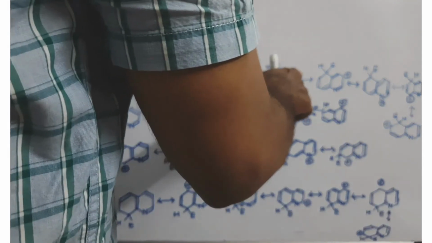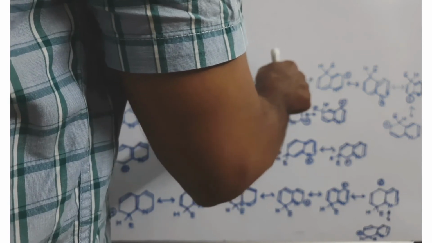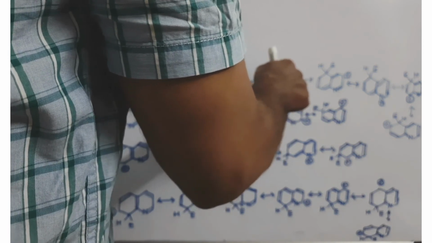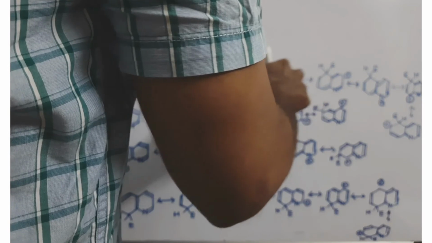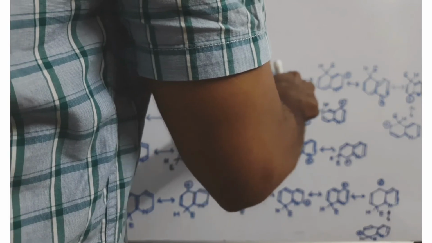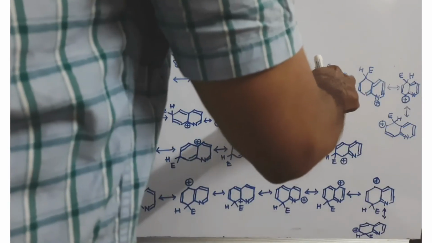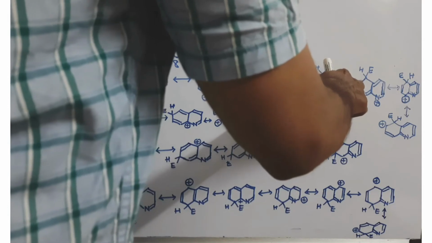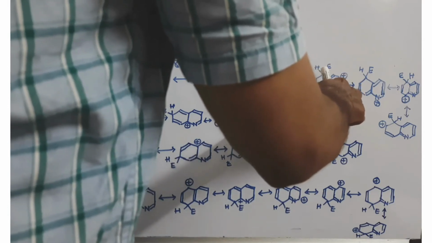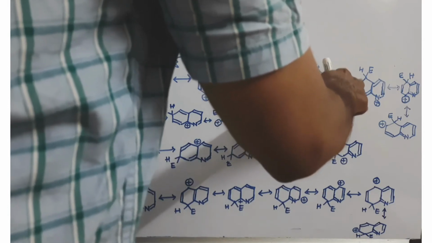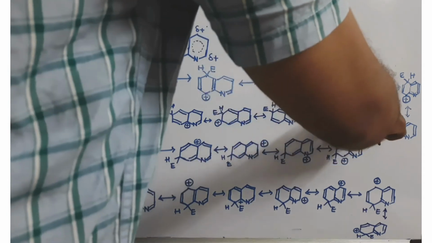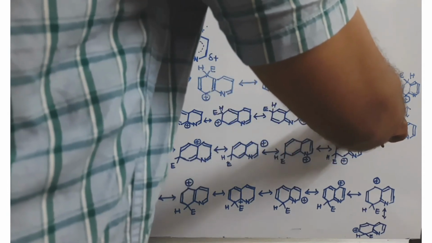If I continue this pattern, moving the adjacent pi bond to the single bond, I can shift that positive charge to the next carbon, in fact to the 3rd carbon. Again I can shift this adjacent pi bond here, so I can develop positive charge over nitrogen.